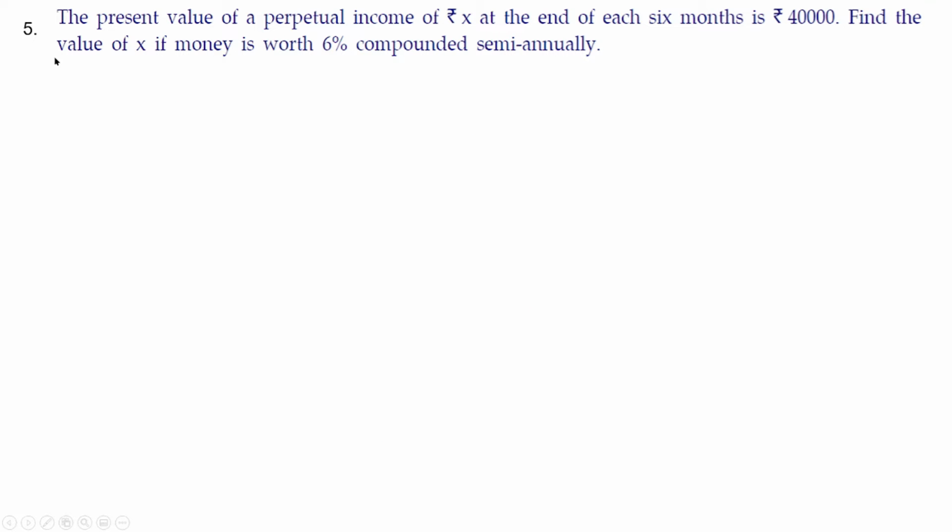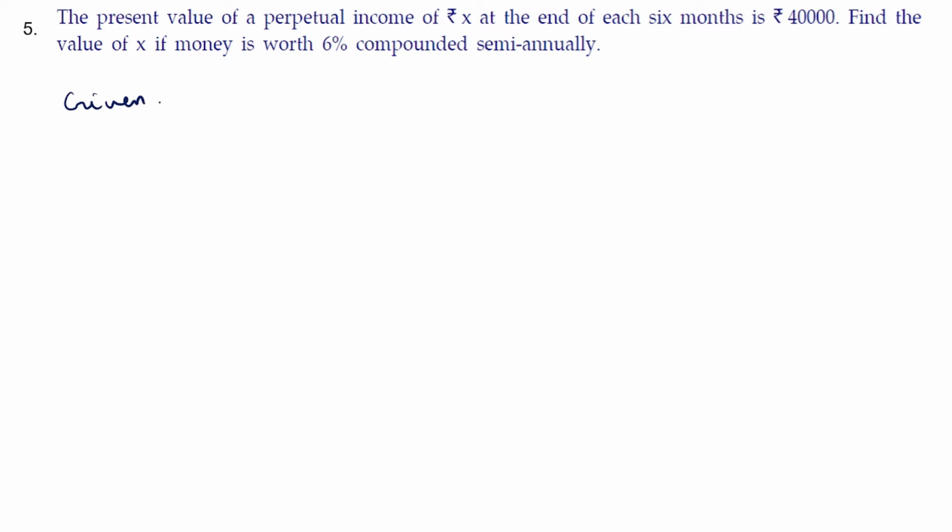Next question. The present value of a perpetual income of rupees X at the end of each 6 months is rupees 40,000. Find the value of X if money is worth 6% compounded semi-annually. So here the present value is given. We need to find the payments which are made at the end of each 6 months.